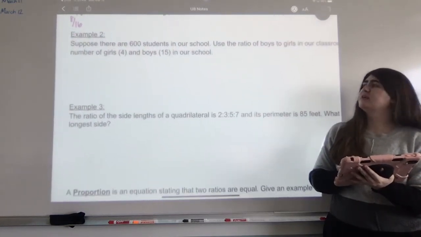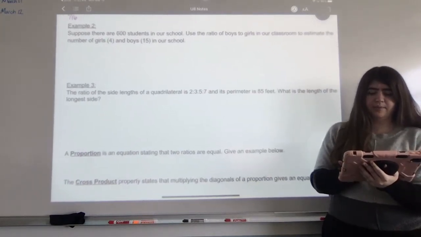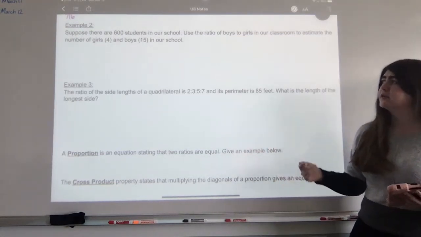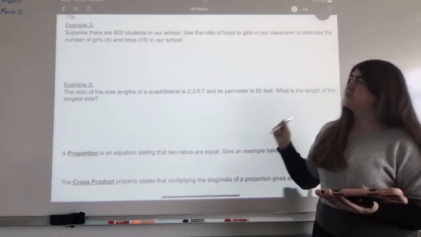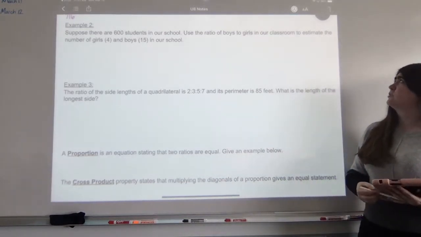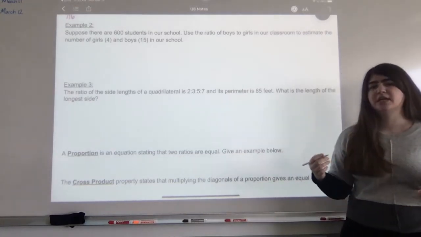All right, example 2. This one is taking a story problem and applying a ratio to solve it. So it says, suppose there are 600 students in our school. Use the ratio of boys to girls in our classroom to estimate the number of girls, which we're saying is 4, and boys, 15, in our school.